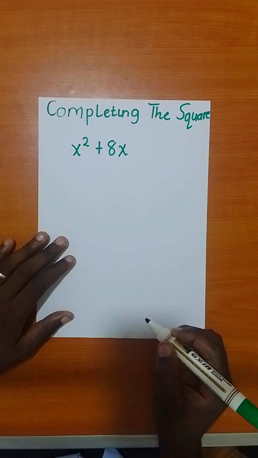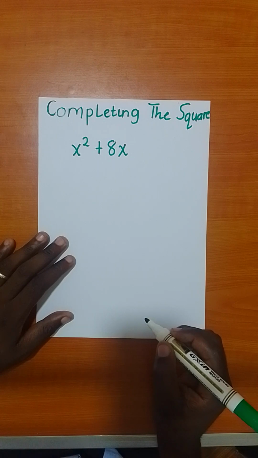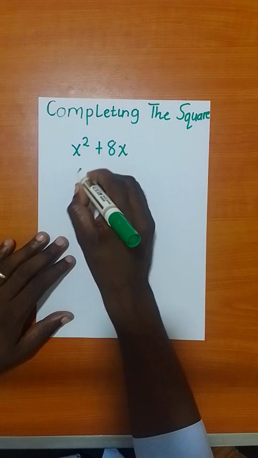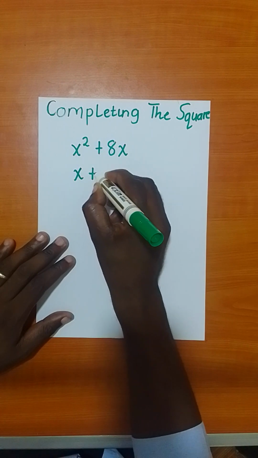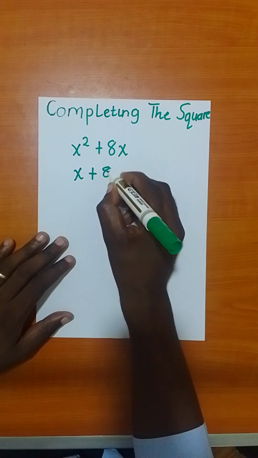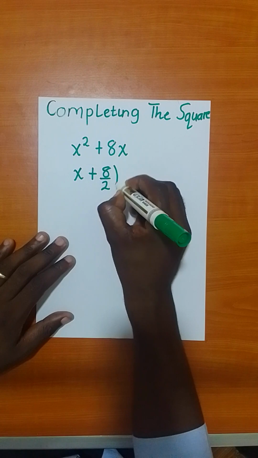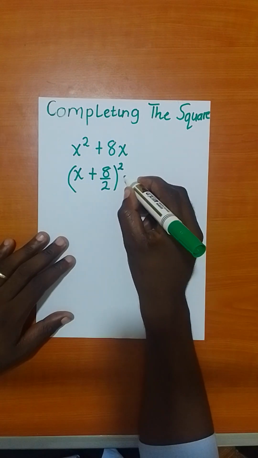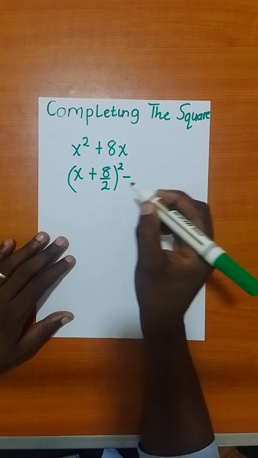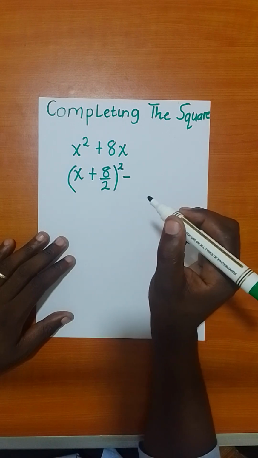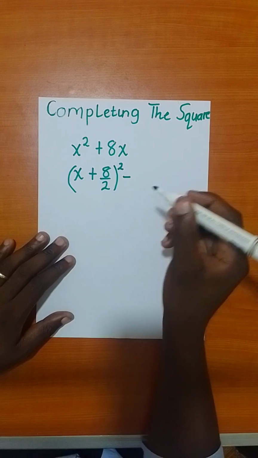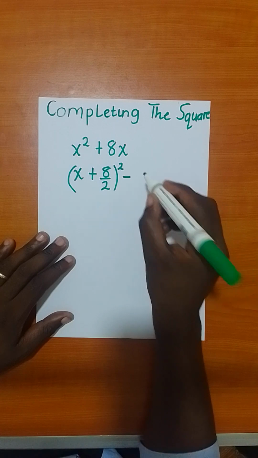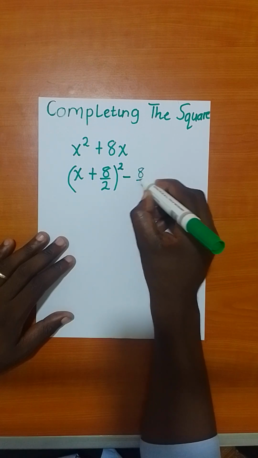What you need to do is to divide the coefficient of x by 2. Then you put the square outside. So we're going to divide 8 by 2, then we put the square outside. Minus, as a result of putting the square outside, we have created another term there that we need to get rid of.